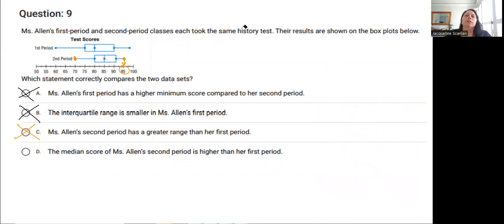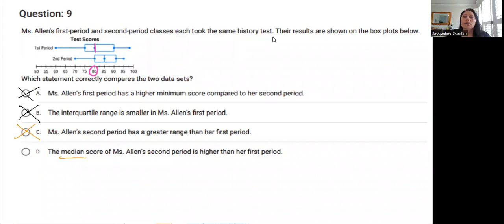Let's see. The next question, D, says the median score of Miss Allen's second period is higher than her first. To find the median, all we need to do is to look for the line that cuts through the box. So in our first period class, it's this pink line that's cutting through the center of the box, which is right above 80.